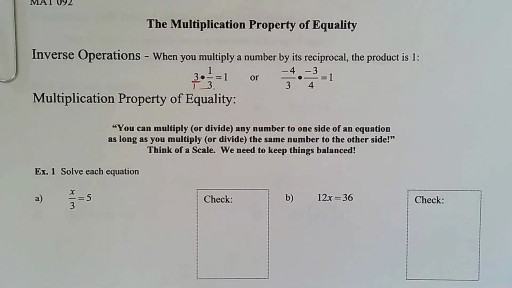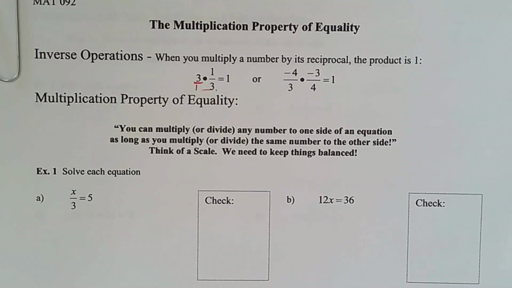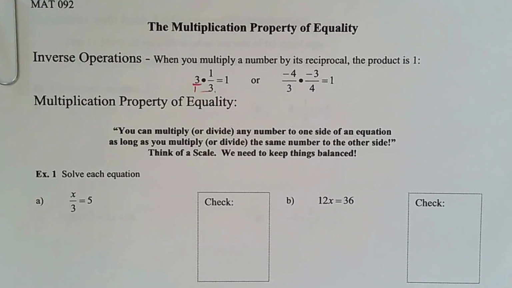And that's kind of important to understand when you're doing multiplication and division, because when there's division in the problem, you multiply both sides. When there's multiplication in the problem, you divide. So in other words, addition and subtraction are called inverse operations, while multiplication and division are also inverse operations.